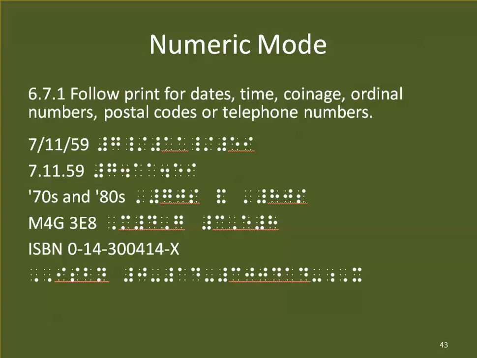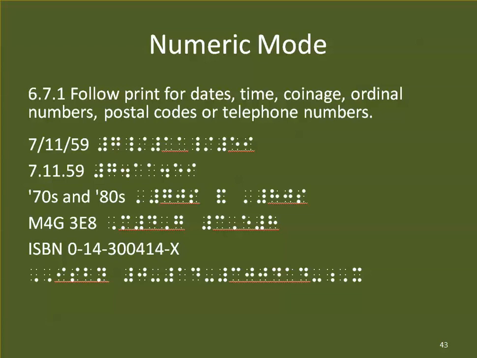If we have omitted digits, like decades, the 70s and 80s, before we would have a numeric mode indicator, a number indicator, I think we called it, and then the apostrophe, because the apostrophe represented missing numbers. But in UEB, an apostrophe is not on that list of things that numeric mode carries through.